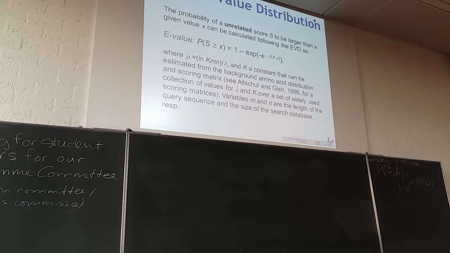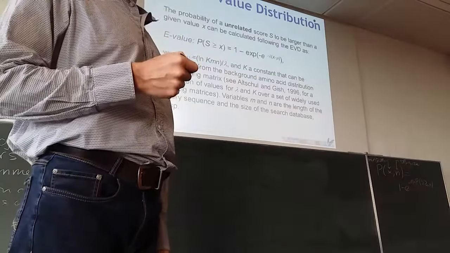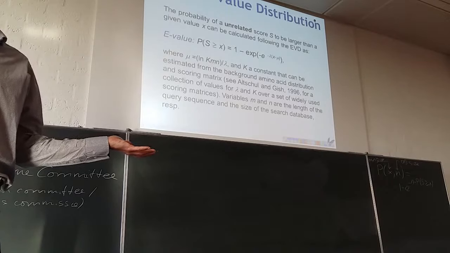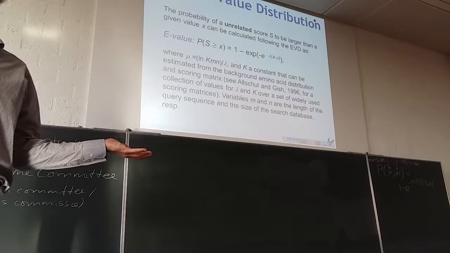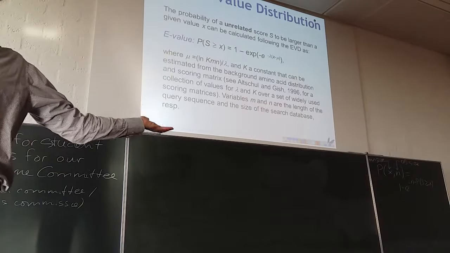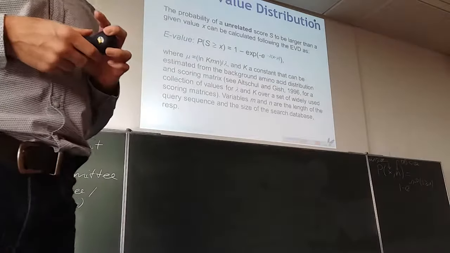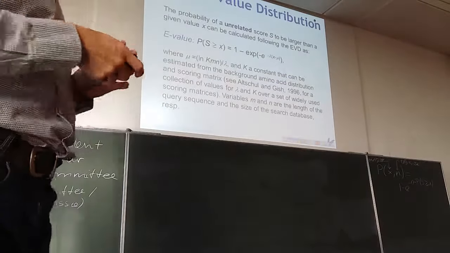Okay, so why would this actually depend on the length of your database? Well, it's easy to see why it depends on the size of your database, right? Because the bigger your database, the more random things you might expect to find there.